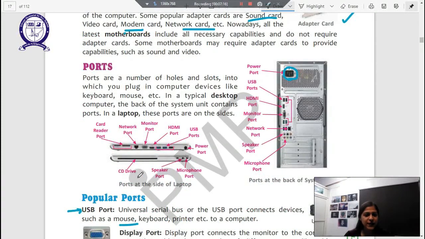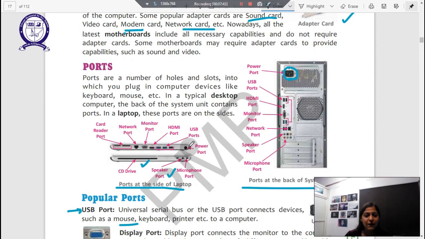So these are the ports at the side of a laptop and at the back of the system unit. This is a desktop and this is a laptop. So we have a CD drive, and we connect our speakers or microphones here. Generally in a laptop, we are only provided with one port to connect either the speaker or microphone, because laptops already have speakers.